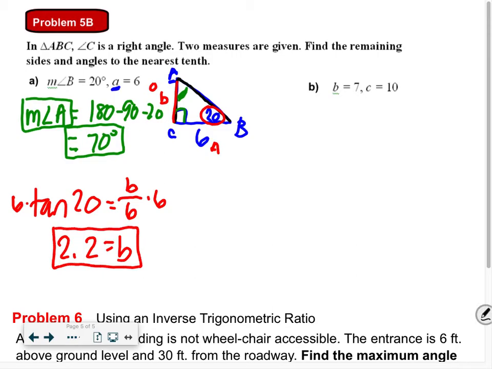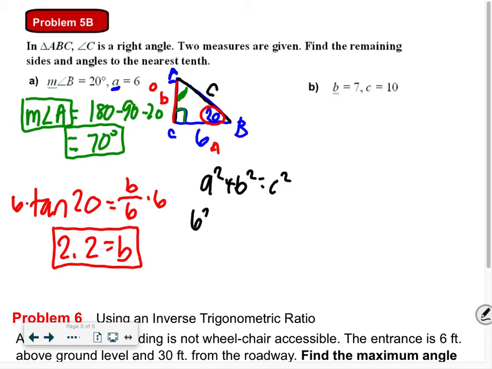To find the little side C, you can use trigonometry again, or you can use Pythagorean theorem. I'm going to use Pythagorean theorem just to kind of switch it up. So a squared plus b squared equals c squared. Looking for my c, I don't know my hypotenuse.